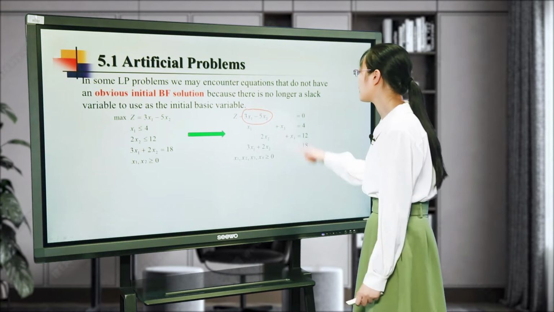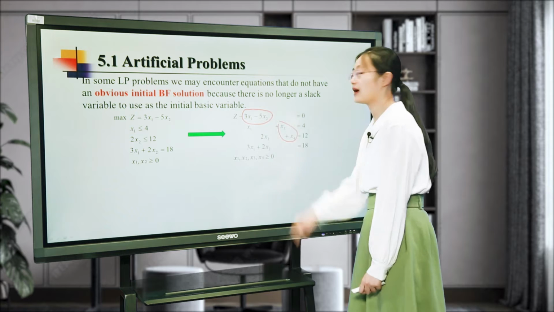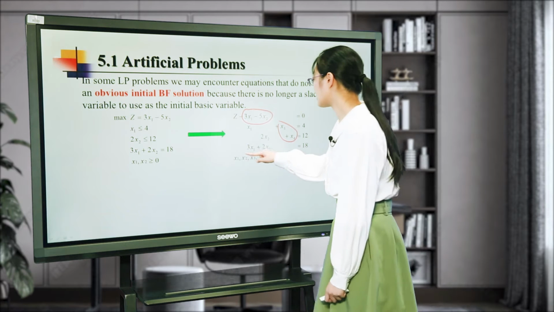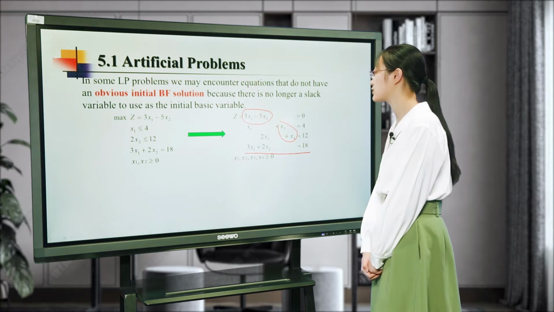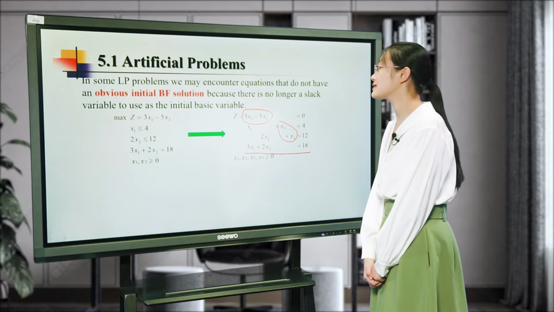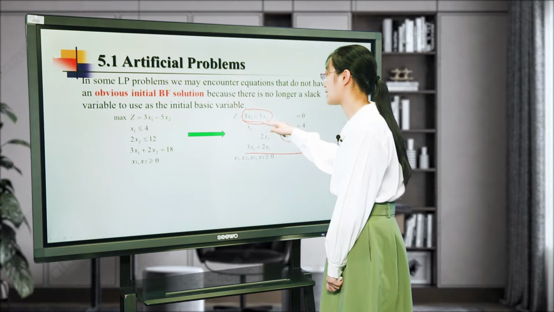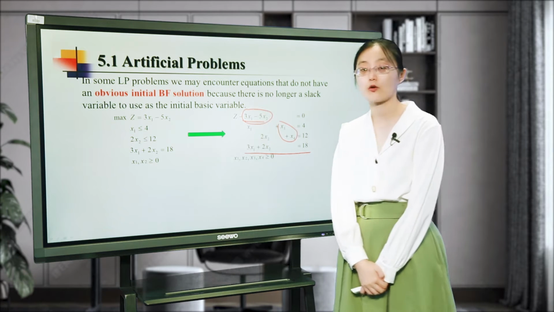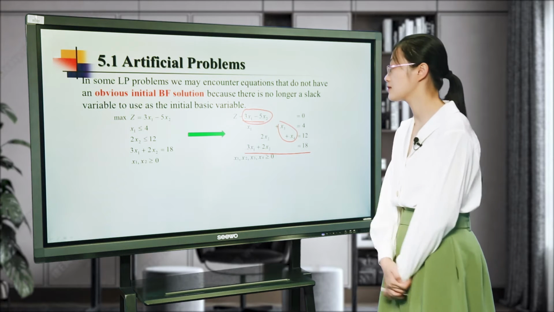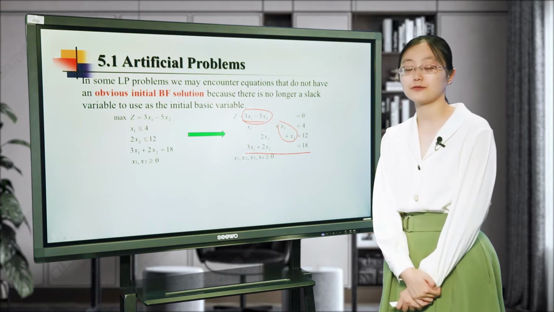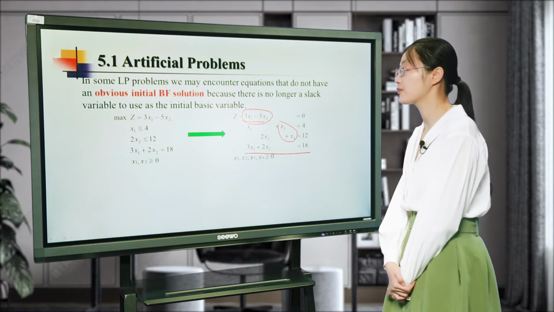Even though we can find the values of x3 and x4, the third constraint is an equation, 3x1 plus 2x2 equals 18. This does not fit if we set x1, x2 equal to 0. So simply by looking at this system of equations, it's very hard to find the initial BF solution.